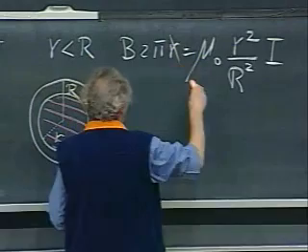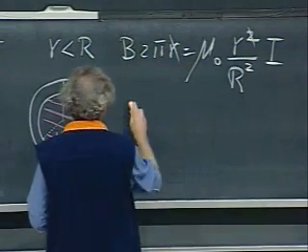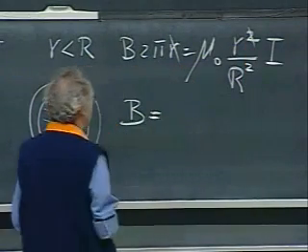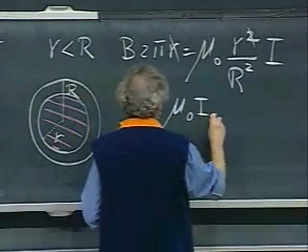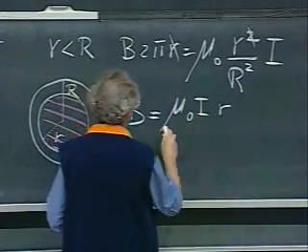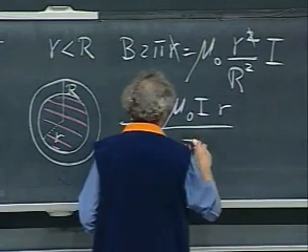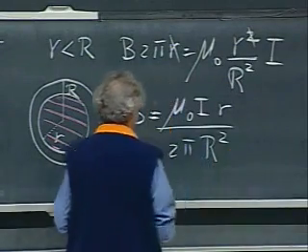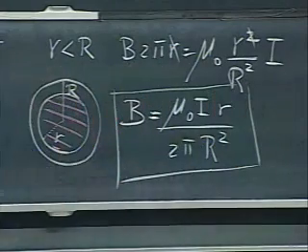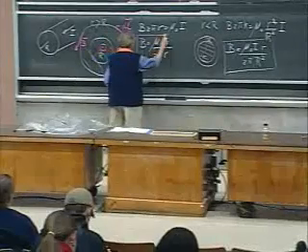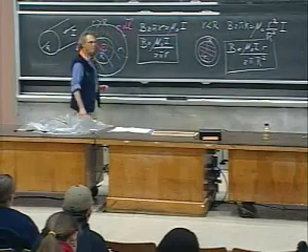And so I lose one r here, and so you get a very different result. You get now that the magnetic field equals mu 0 times I, which is now linear in little r, divided by 2 pi capital R squared. And this grows linearly with r, whereas this falls off as 1 over r.